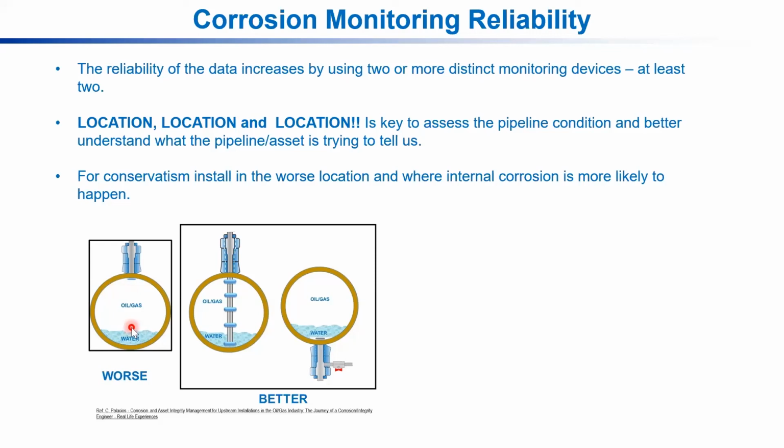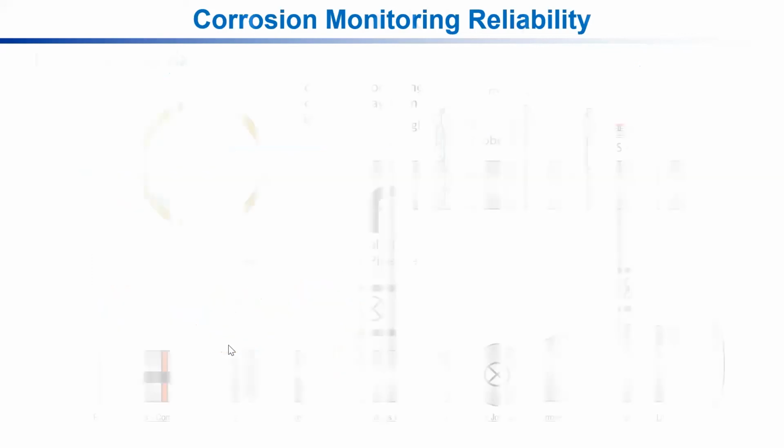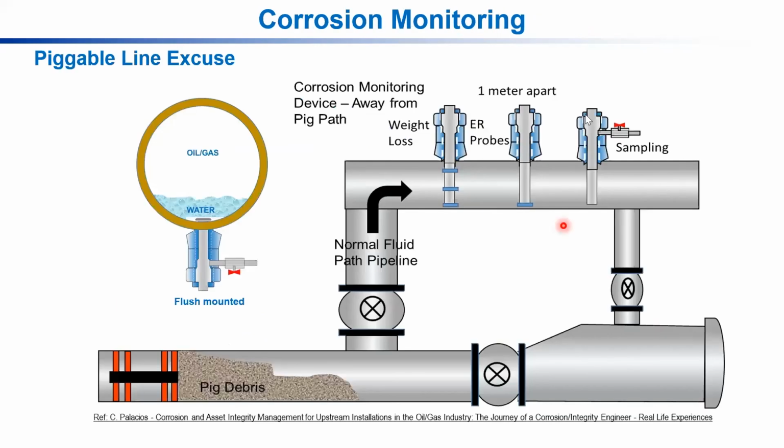That's what we need to know. We can do this. To tell you the truth, I love this configuration. Why? Because it gives you a very nice profile of your system. Now you're going to say, well, but it's going to interfere with the pigs. Well, put it in here, here, and here.